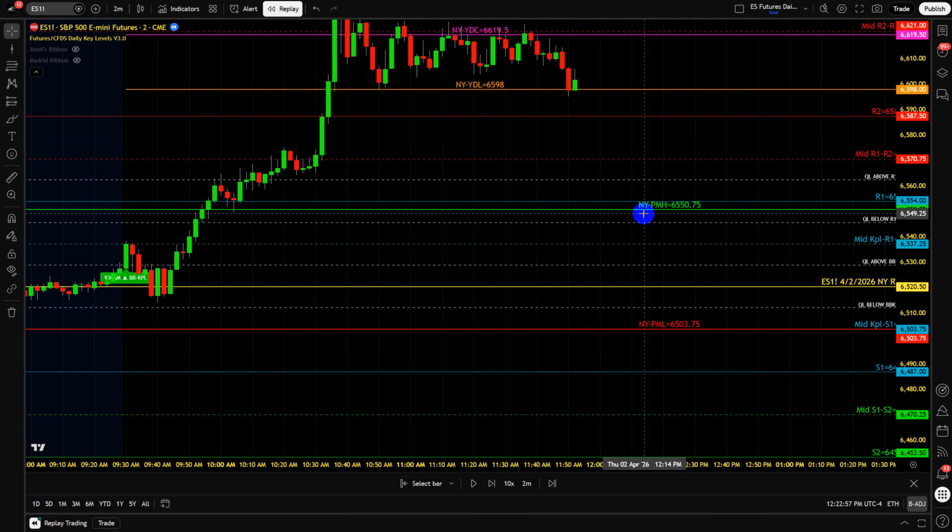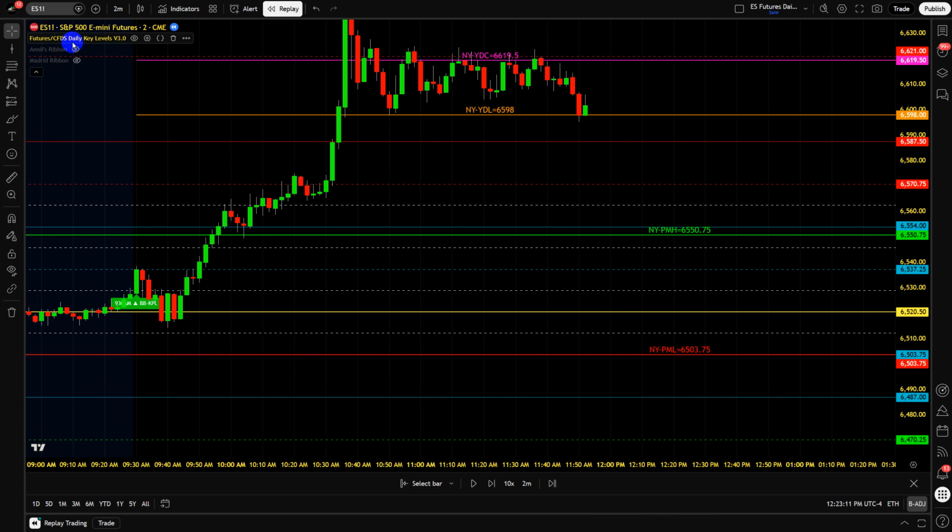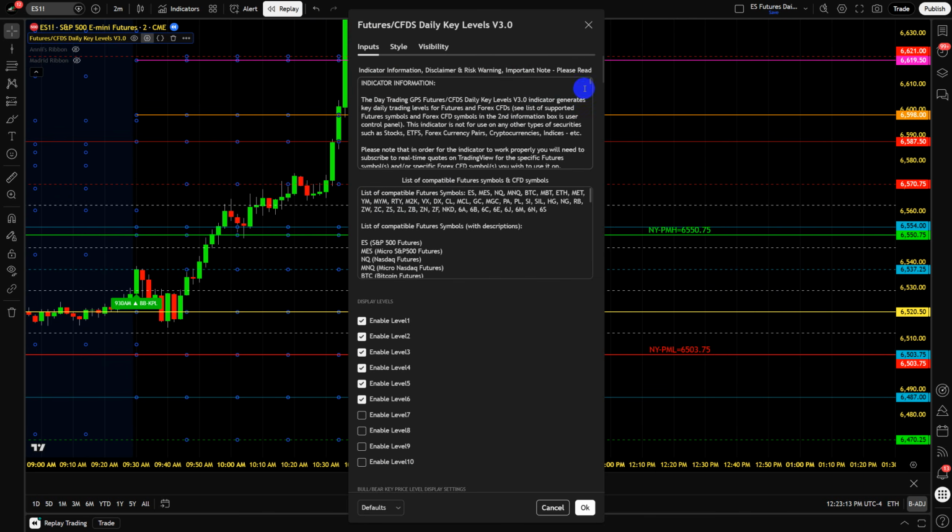Now what about taking a trade off one of these contextual levels, like the PMH as an example, pre-market high. Break above the pre-market high. We'll go back to the user control panel.